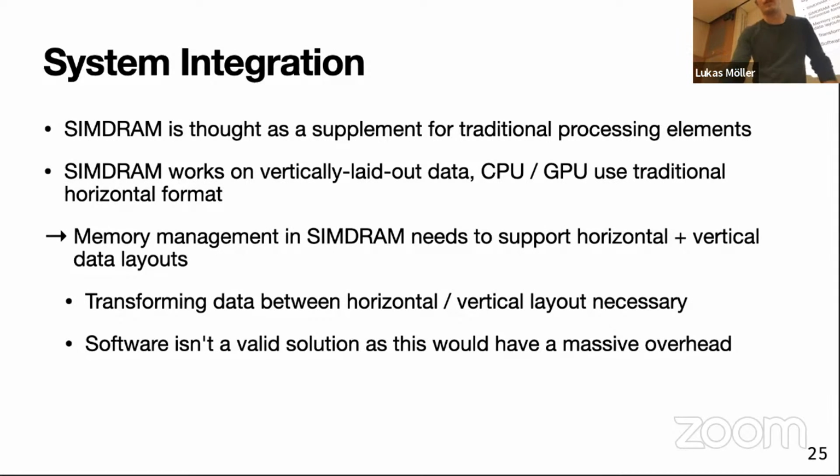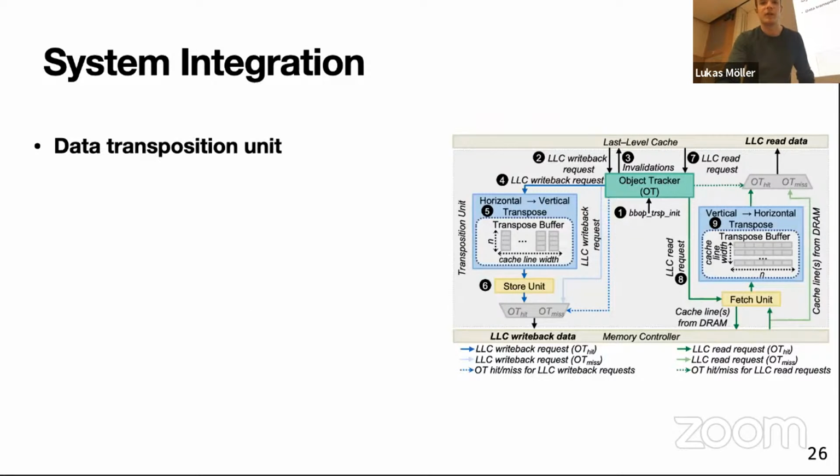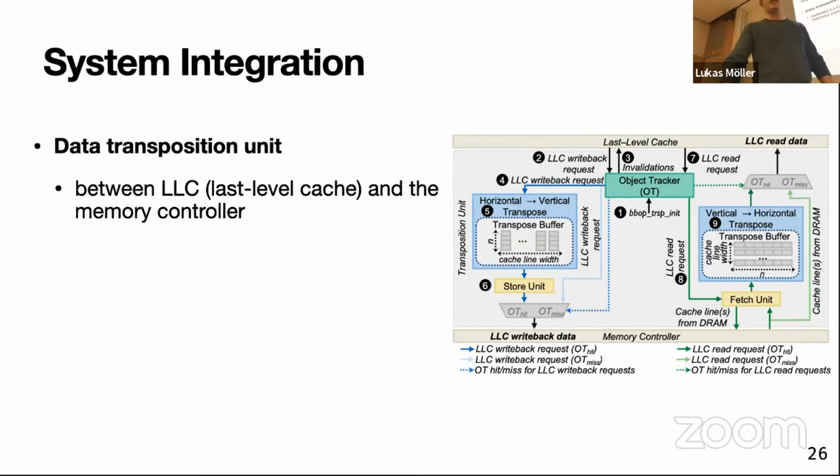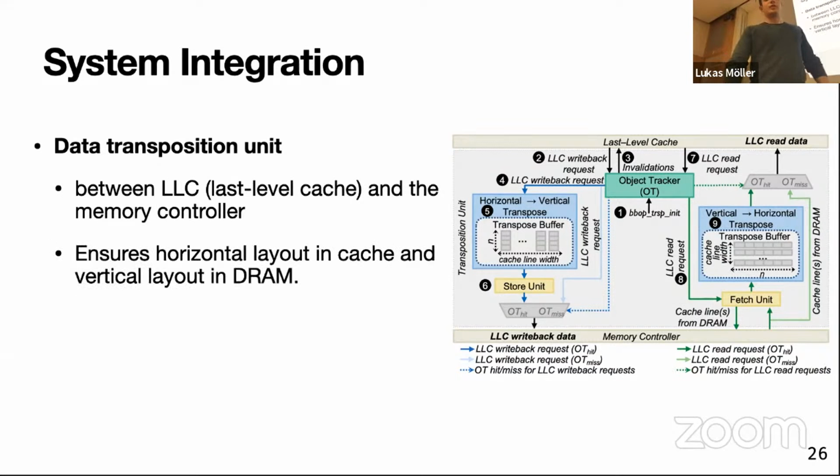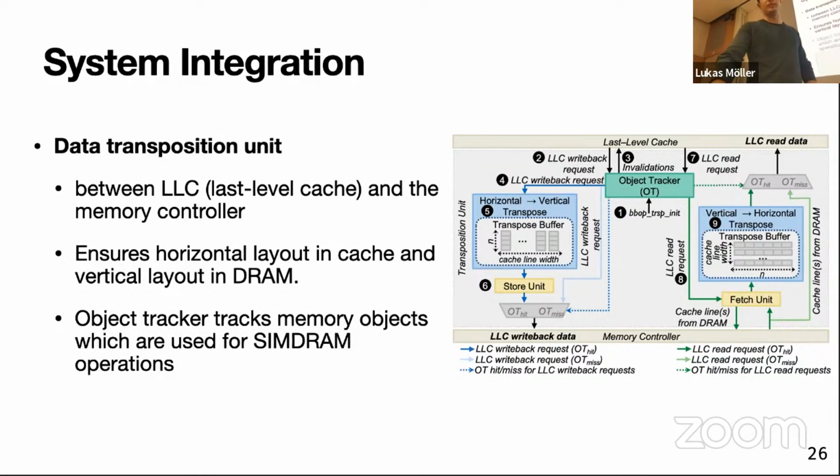Then our entire process would be for nothing. So instead, SIMDRAM also introduces a data transposition unit, which sits in between the last level cache and the memory controller. And it ensures that all of the data is horizontally laid out in cache and vertically whenever necessary in DRAM.